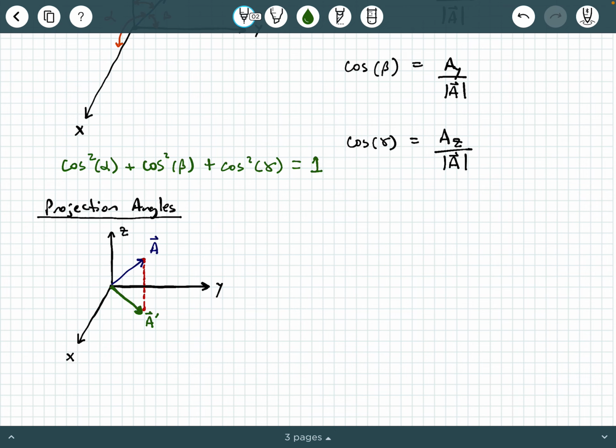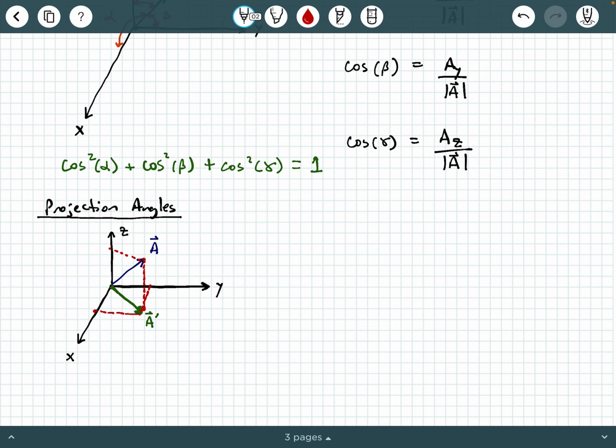Okay, so when we cast that shadow on the XY plane, and we're giving it a name now, A vector prime, we can still break that into respective X and Y components, just like we did at the beginning of this video. So how did we do that? Well, we drew a line here that was parallel to the x-axis, and we drew a line here parallel to the y-axis, okay? And then, of course, we've got this z component over here.